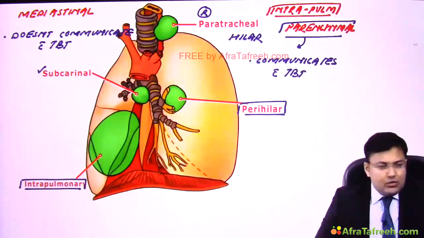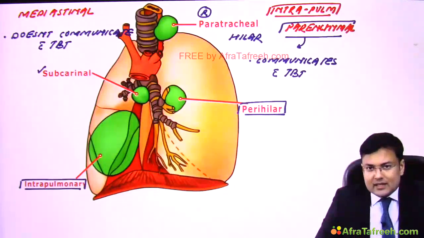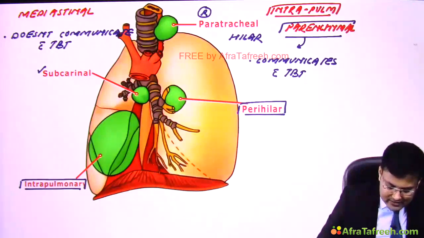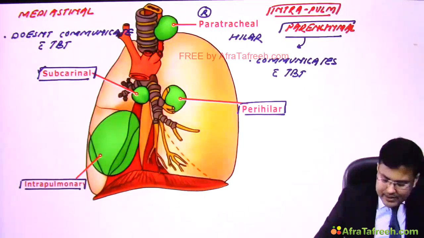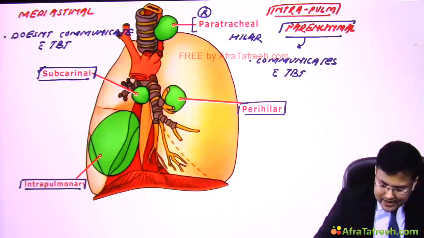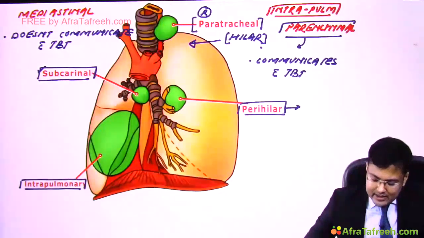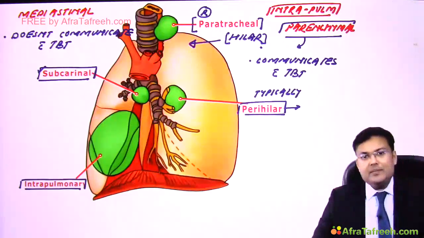What are the types included in mediastinal variety? We discussed subcarinal, right paratracheal and hilar. Clear? These are mediastinal, and generally parenchymal or intrapulmonary ones are typically perihilar.